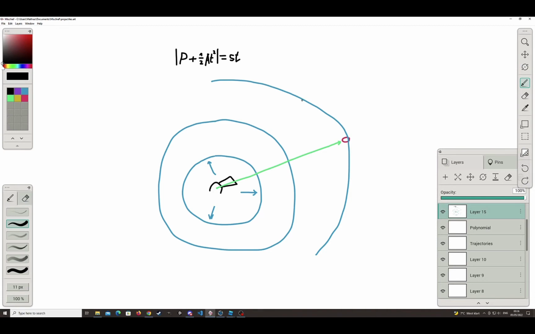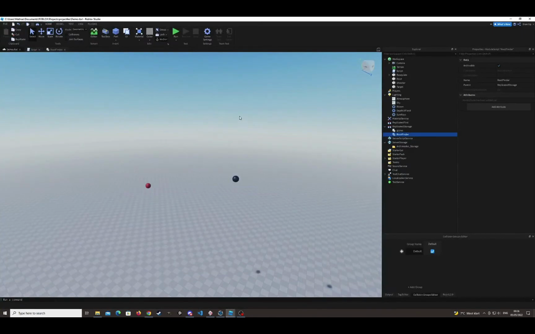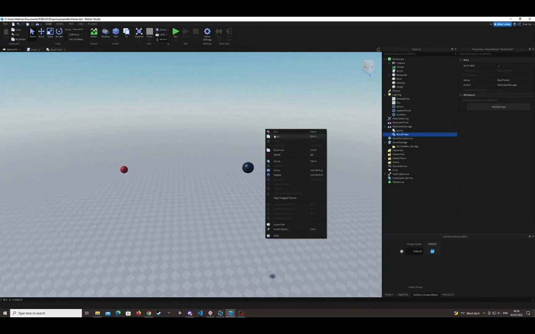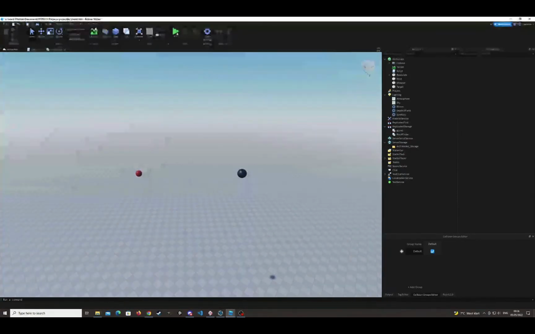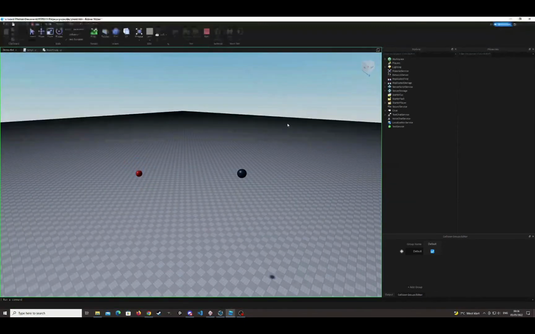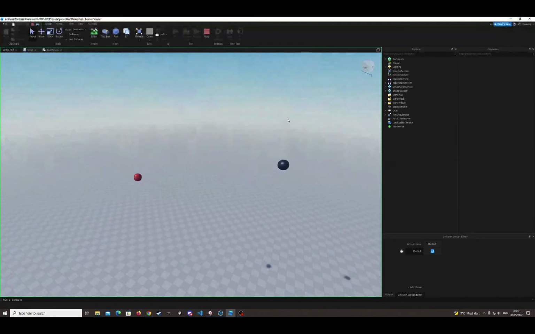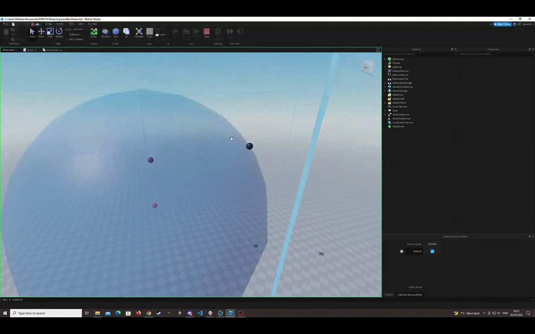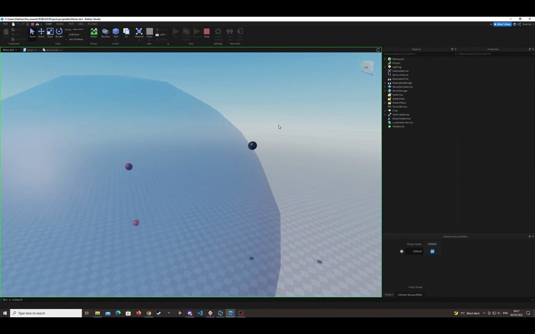Now, when I said the circle was falling while it's expanding, I have a better way of visualizing that. I have this little scene prepared. So if we run this, if I start it now, you can kind of see the effect there. So the circle expands, and as it's expanding, it's also falling due to gravity.